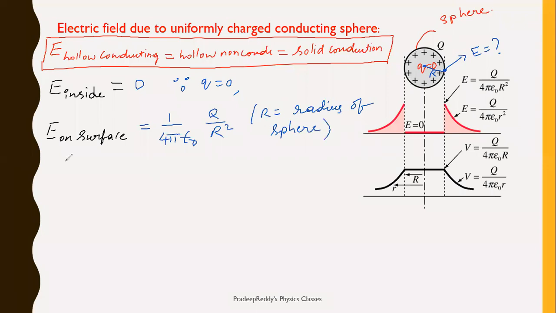Next, coming to outside, field outside the sphere. We are calculating the field outside the sphere. Like for example, from the center, you are finding the field at this point. Let me take this point P, where you are supposed to find out the field.